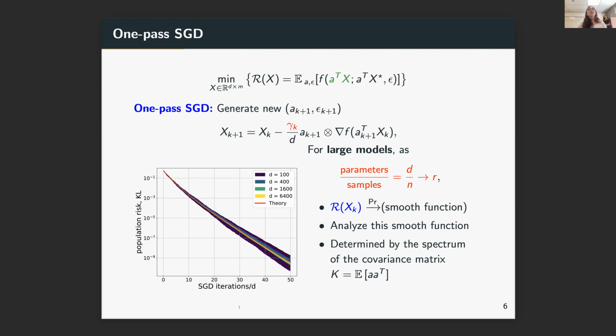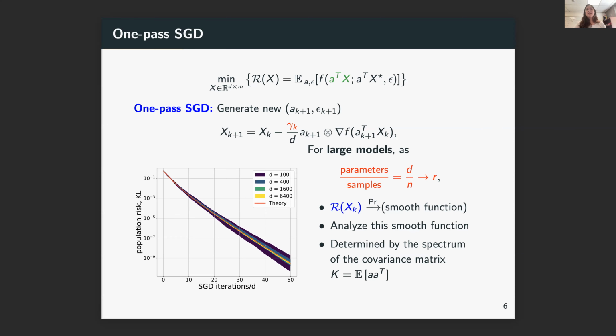I'm running SGD and plotting in the shaded region the variance of the runs for various D sizes. I start with D equal to 100, then I increase, that's the blue, etc. And you see that the variance of the runs is shrinking as you increase dimension until it hits this red curve, which is just a theory that you can completely predict.